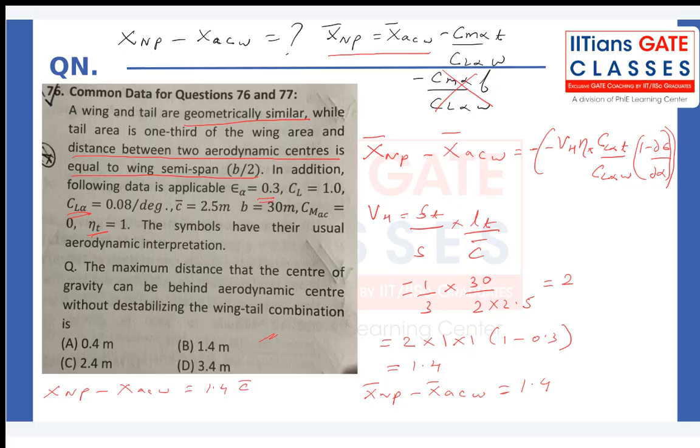So I'm getting 3.5, right? 3.5 meters is what we are getting. Now, can somebody tell me if we have the answer to this question available? This is GATE 2012 question, question number 76.